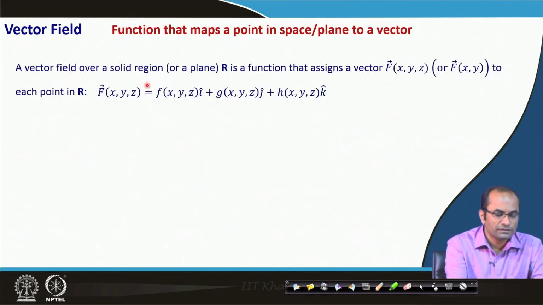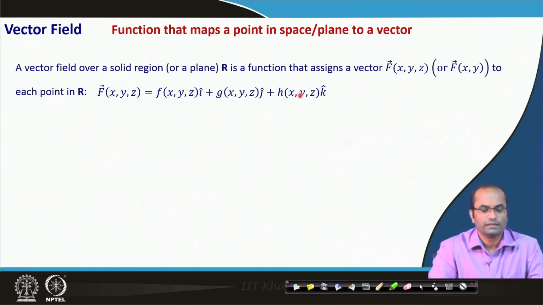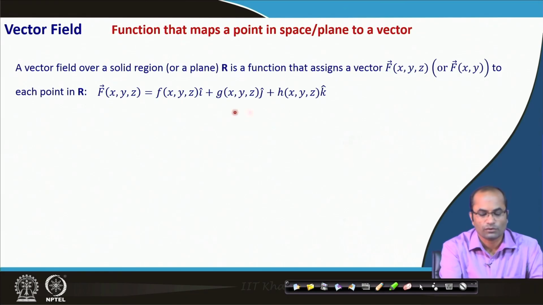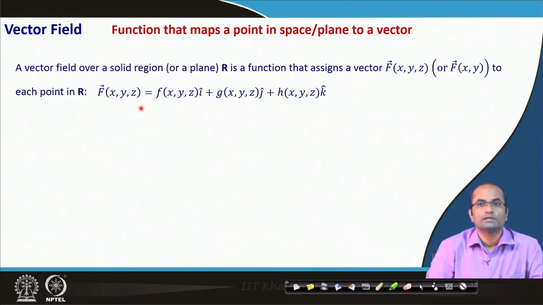So, we can define such a function by this vector F, whose components are given by f, g and h. What is important here is that we are supplying a point in a space, and we are also getting as output a vector. This is what we call, in the vector setting, a vector field.